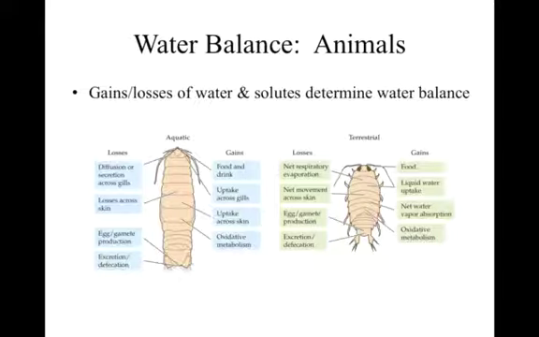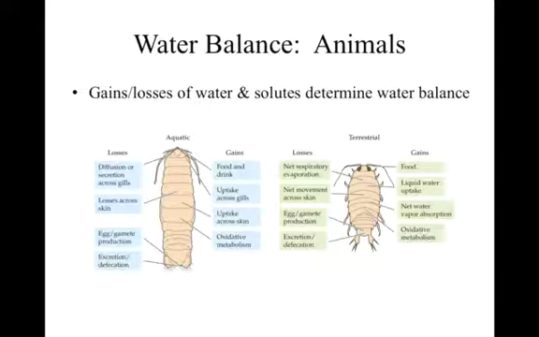All right. Again, just like soils, just like everything else, water balance is determined by gains and losses of water and solute. And so different animals have different gains and losses. If I think about aquatic animals, they tend to lose stuff across their gills and across their skin. They also lose both solute and water in egg production and in defecating and excreting.